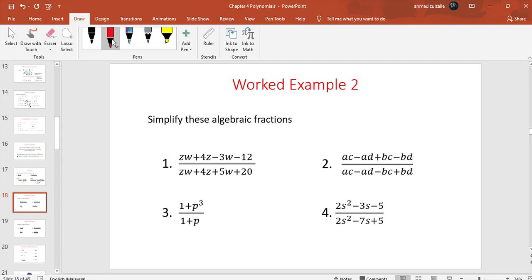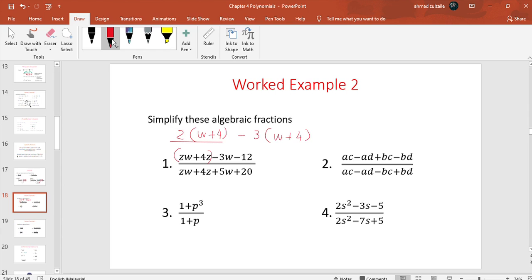What is the common factor from your numerator to your denominator? Usually we are going to group the first two terms. So the first two terms will be zw plus 4, minus, you factorize 3, then you have w plus 4 again.